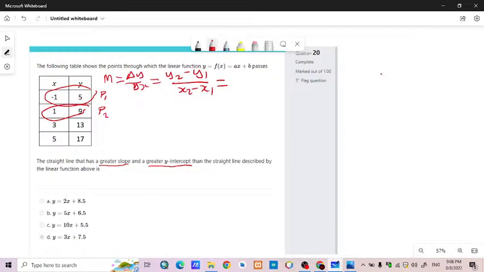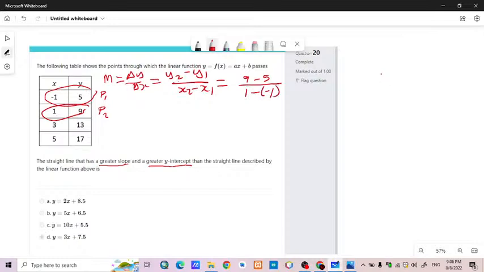Okay, from P2, what is the y value? It's 9. From P1, what's the y value? Minus 5. Okay, and then from x2 we have 1 minus 1.